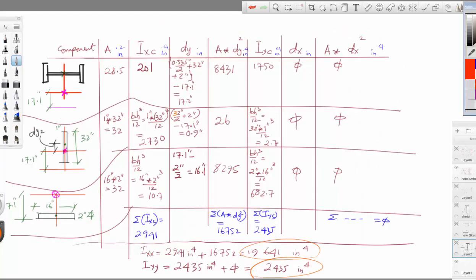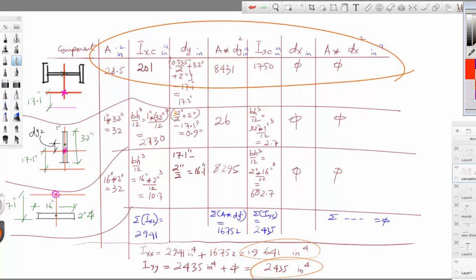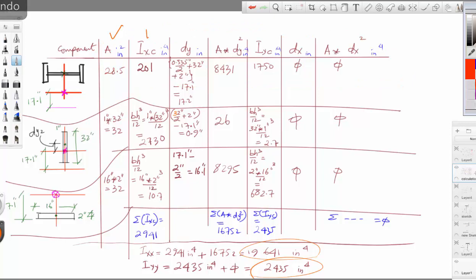Here is the template, in which we'll have the area column and the moment of inertia for the component about x, and the y distance. dy means the y distance from the centroid of the component to the centroid of the entire section, and this is multiplication, and this is the moment of inertia for the component about y, and this is the x distance. dx means the x distance from the centroid of the component to the centroid of the entire section, and this is multiplication.